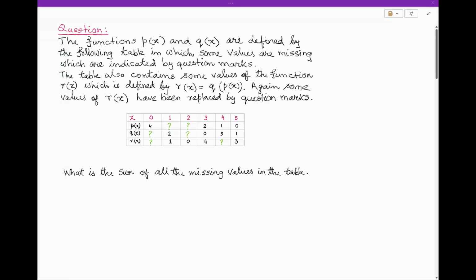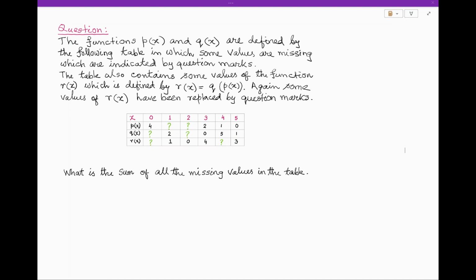The functions P(x) and Q(x) are defined by the following table, in which some values are missing and these are indicated by question marks. The table also contains some values of the function R(x), which is defined by R(x) = Q(P(x)).